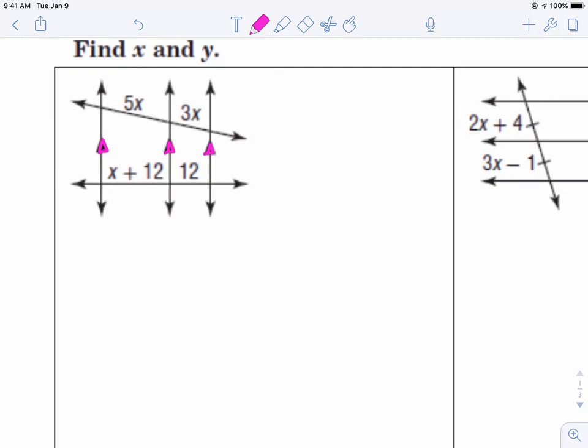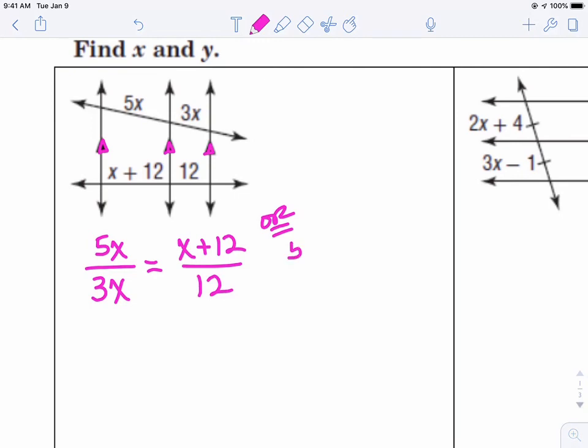So that makes 5x compared to 3x equal to x plus 12 over 12. Or you could say 5x is to x plus 12 as 3x is to 12.